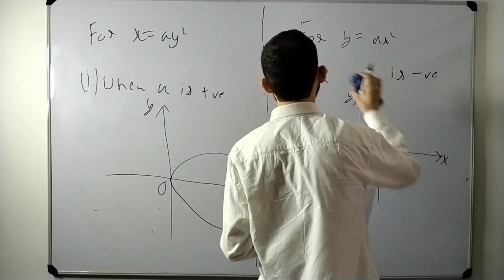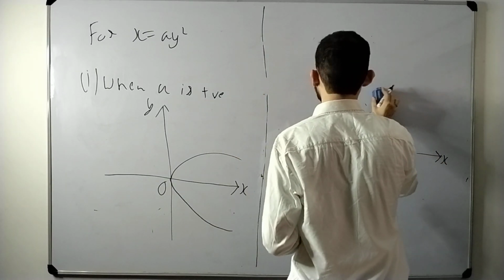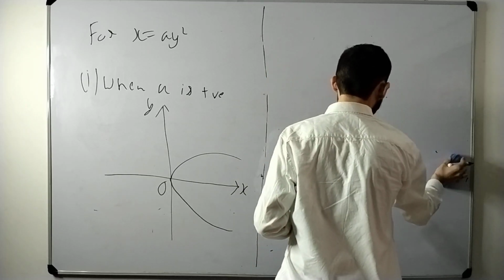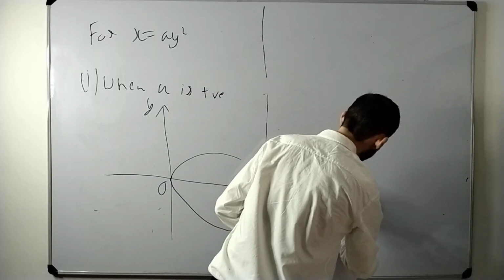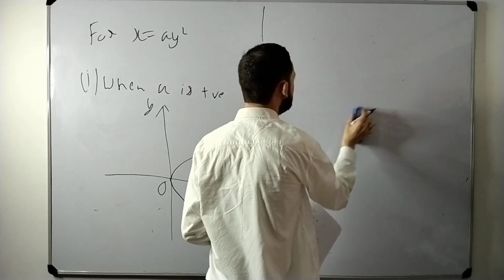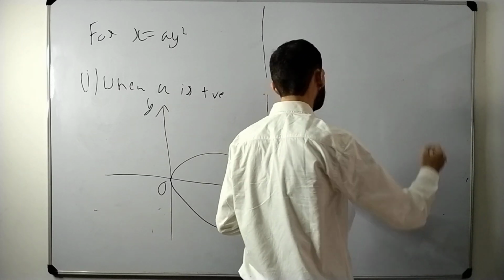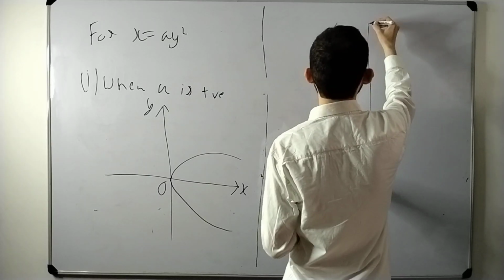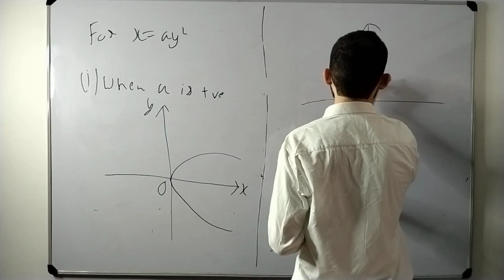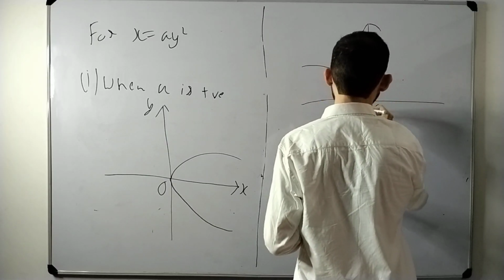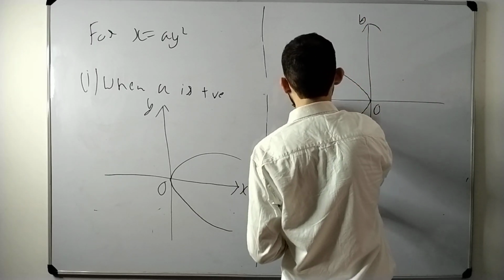Now you think of yourself, what would be the graph when a is negative, while I am erasing. Okay, so this is actually the graph, and this is the origin, the vertex point, and this is y, this happens to be x.